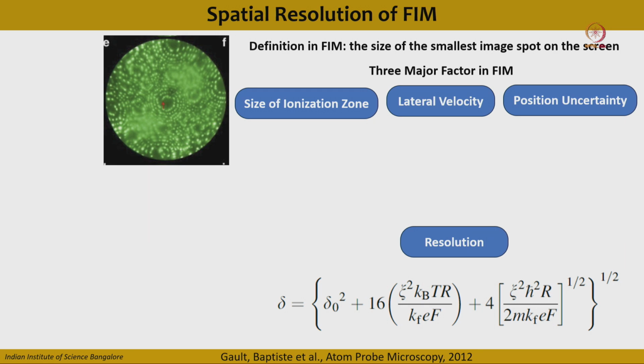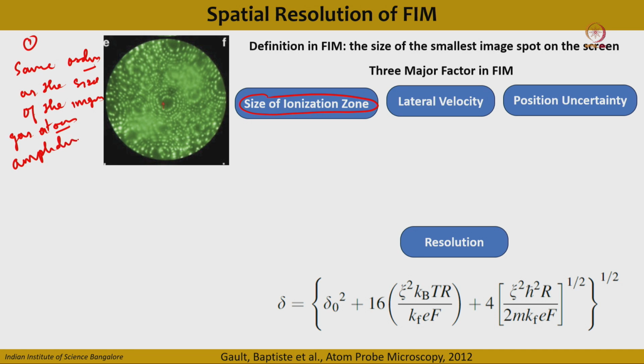First we will discuss the size of the ionization zone. This size is of the same order as the size of the imaging gas atom, and it critically depends upon the amplitude and distribution of the electric field above the atom on the tip.